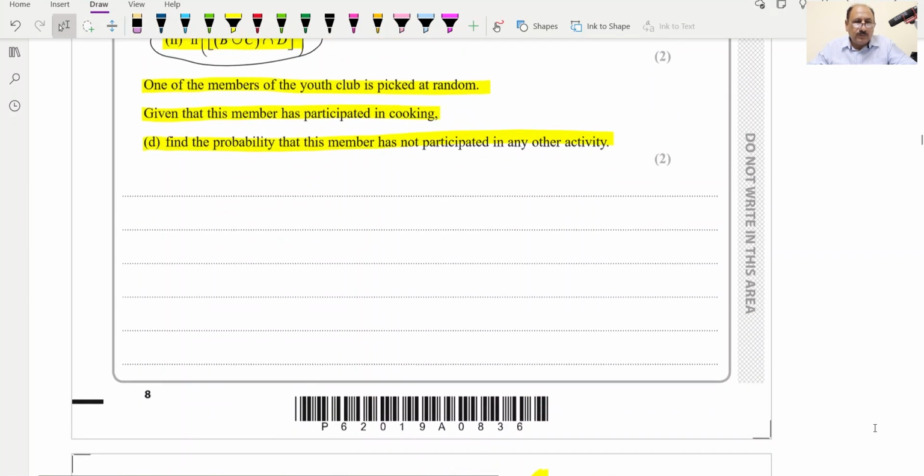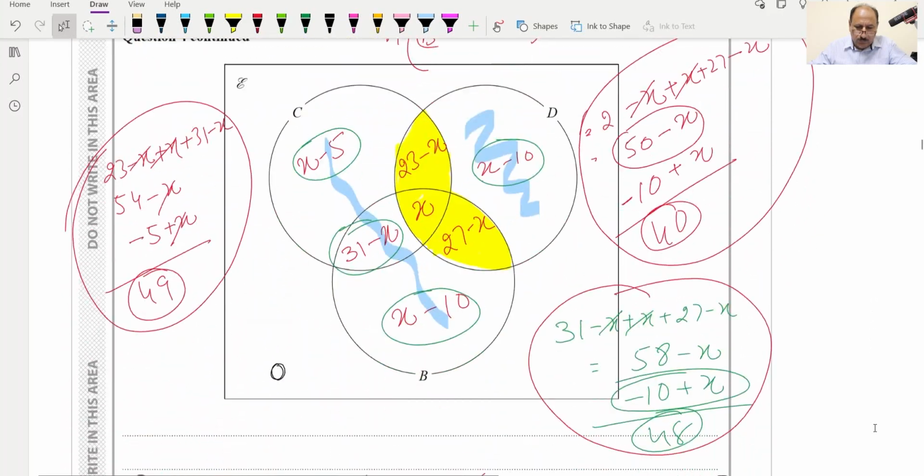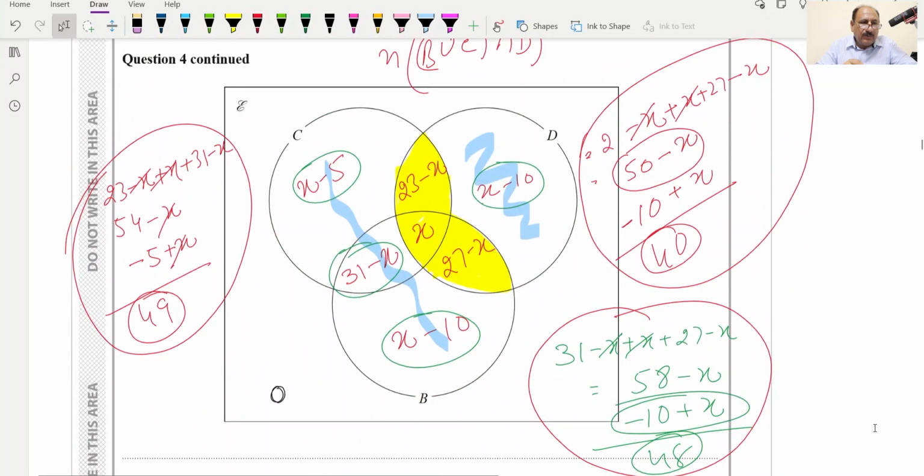So this person has basically participated in cookery, so we can add these regions for cookery, which is over here: x minus 5, 31 minus x, and 23 minus x.